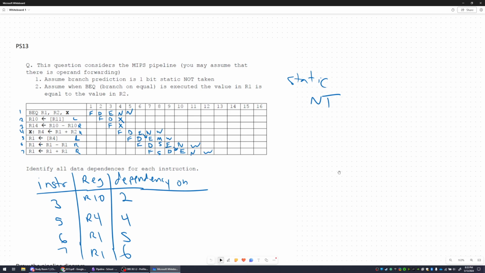So if it was branch taken, which is like the next question, then you would jump to the label immediately if it's branch prediction taken. But with branch prediction, you either take the branch or you don't.